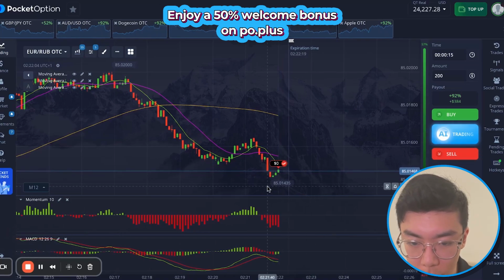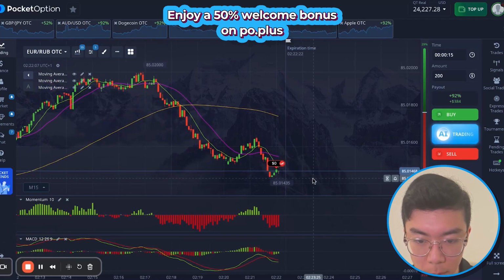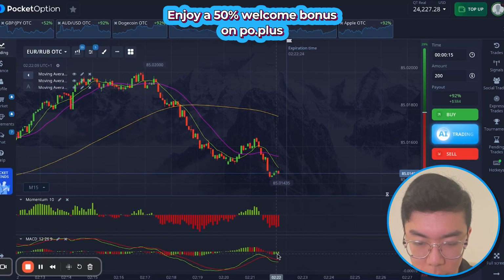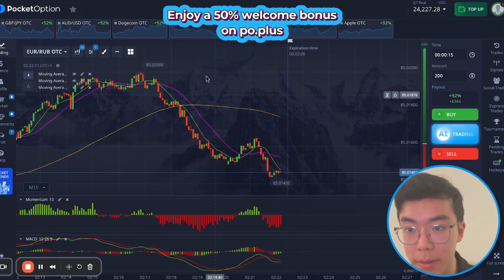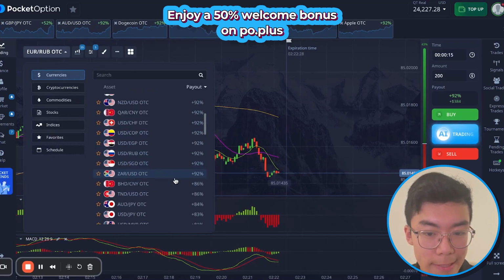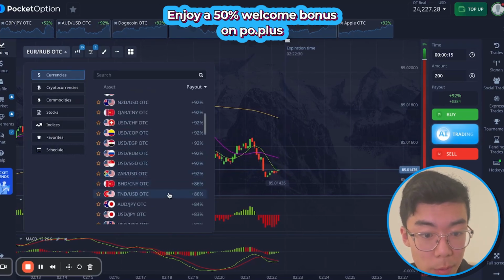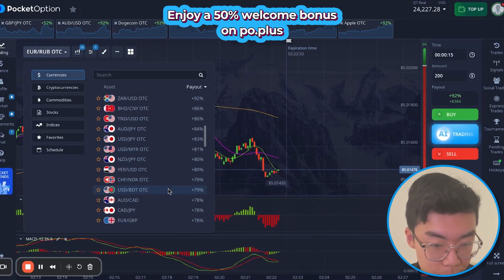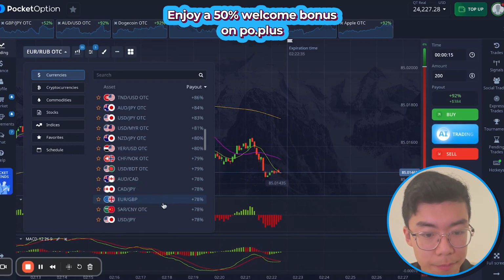So that did not go through. Things are heading upwards a little bit. So this is a little bit atypical, as you saw. It met everything, but it just didn't go through. Sometimes it does happen. Because no trading strategy is perfect.